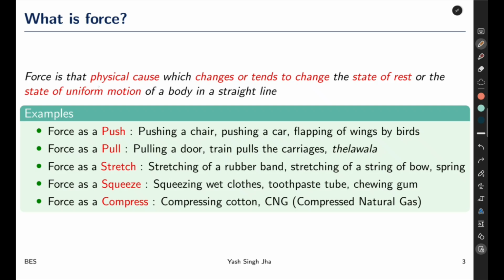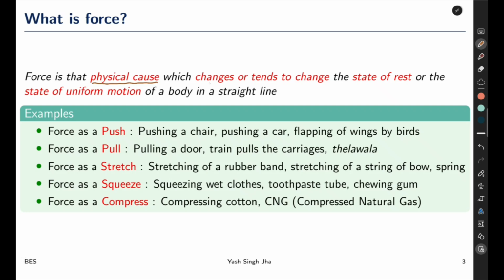We want to know the cause behind why things happen, and one of those causes is force. Force is that physical cause. Force causes things to happen.